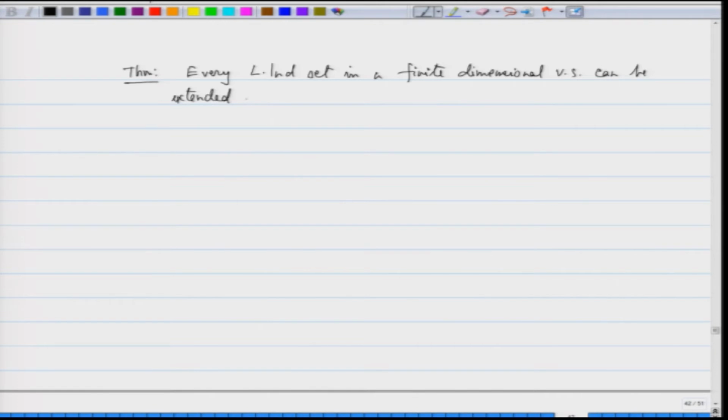There was this theorem which said that every linearly independent set in a finite dimensional vector space can be extended to form a basis. So, here I have u1 to uk, a linearly independent set in R^n.